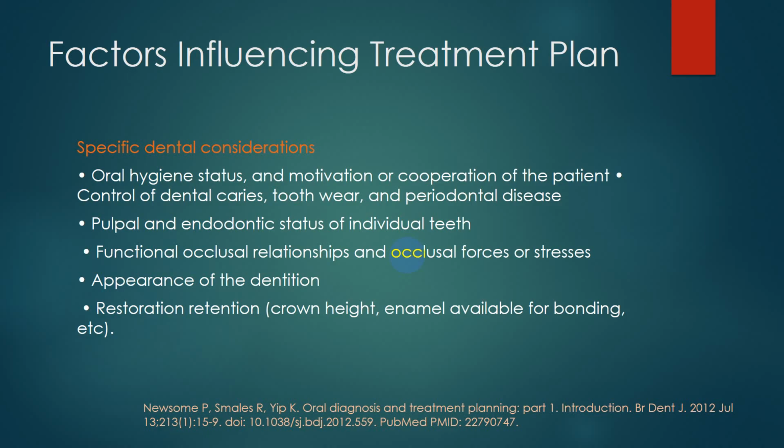We also need, for example, to consider the pulpal and endo status of the individual tooth, if you want to do a filling or RCT or crown or a bridge. If you want to do a crown or a bridge, you consider the pulpal and endo status of the tooth before preparing for fixed prosthesis. And there are other points that are related to specific dental findings in each patient.